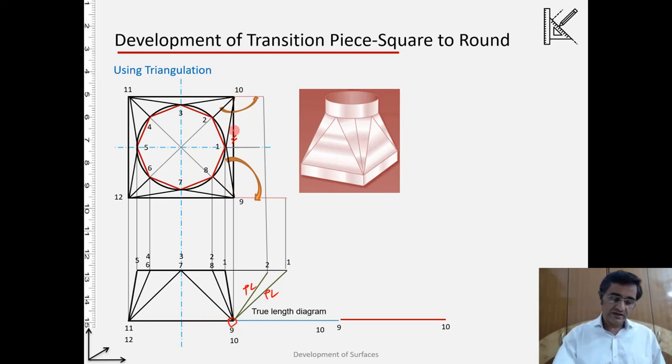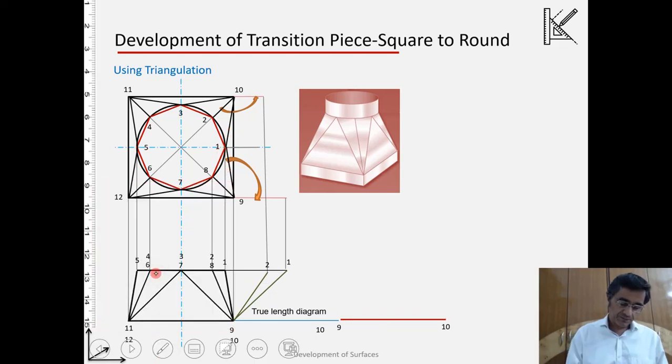So 9, 10 is the true length, I know it, so we plot the 9, 10 here. From 9 and from 10, now we will be taking arcs equal to this length and this length, which in fact is the true length here. So equal to the true length 9, 1, I will be taking the arcs from 9 and 10 to locate the point say 1.